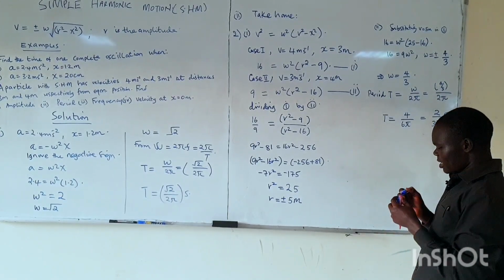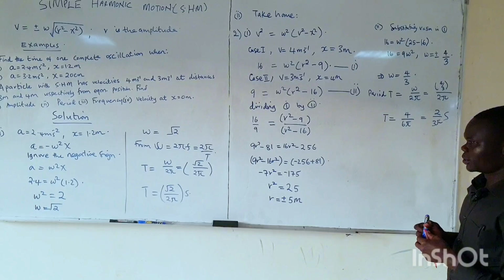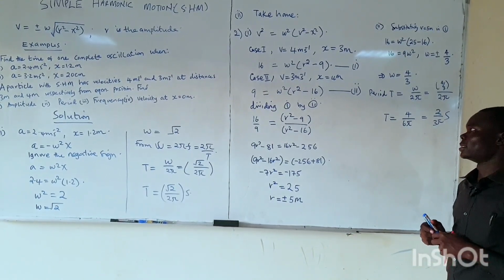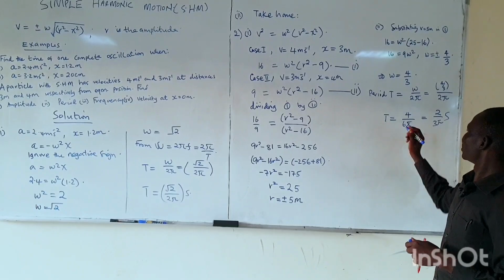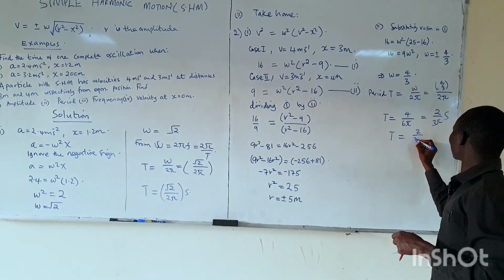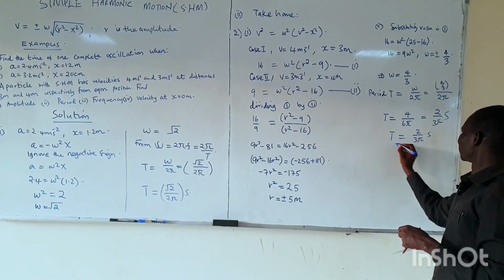Remember, T is time, so we put the standard unit for time, which is seconds. So we have gotten our period T, which is equal to 2 over 3 pi in seconds.